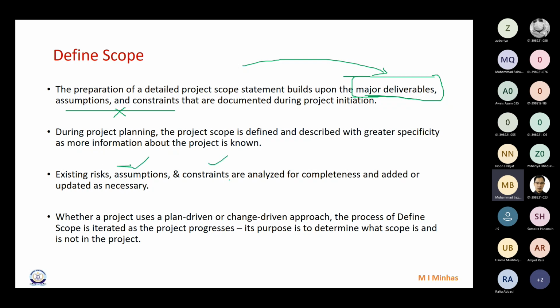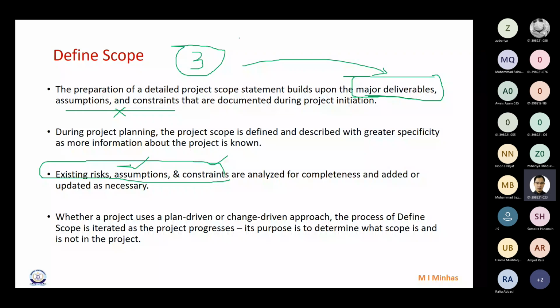Now, can someone tell me, in the last semester, I talked about 3 documents that are almost there as an input of every process? Can someone tell me what those 3 documents were?